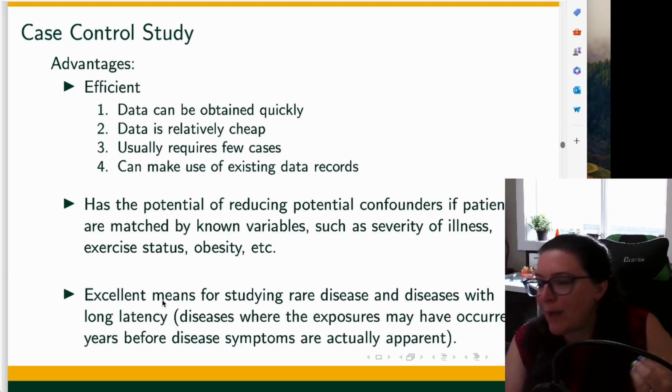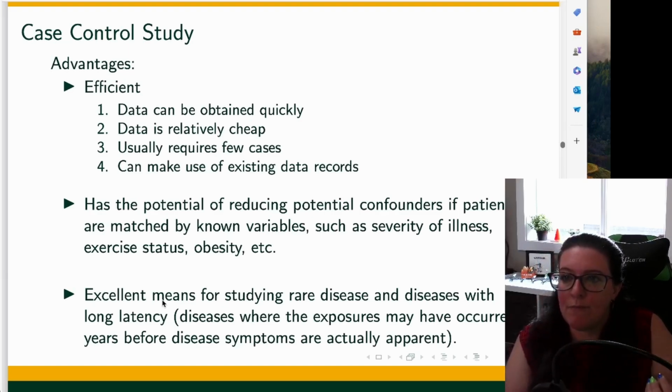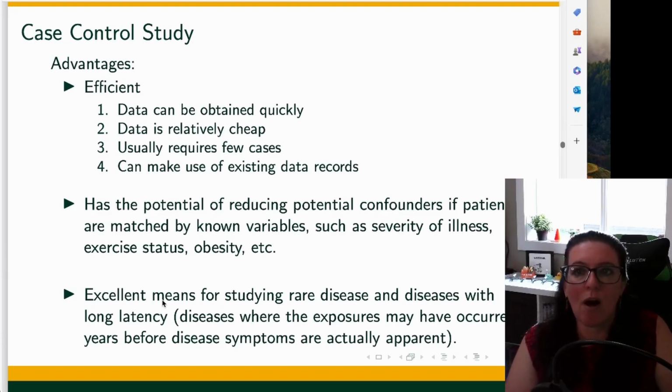So we want to match based on as many variables as possible, things like health, severity of illness, exercise, activity, obesity, environmental factors, income level, demographics. If you can eliminate a lot of the confounding variables, then your observational research in terms of case control can be as effective as an experimental design.